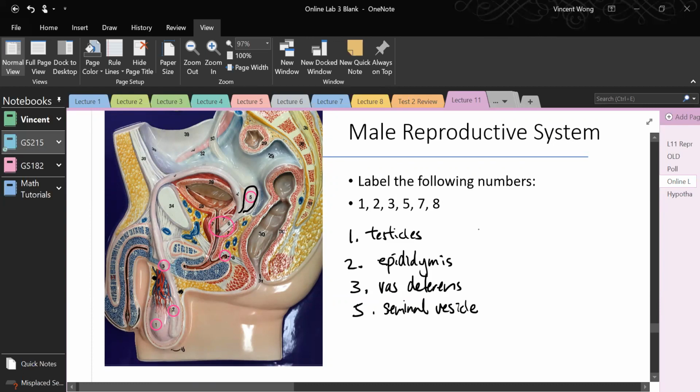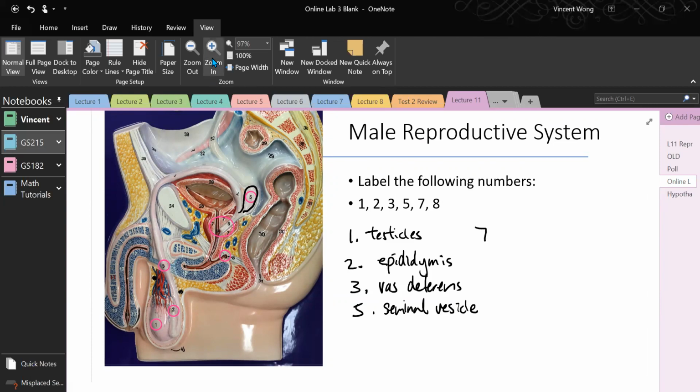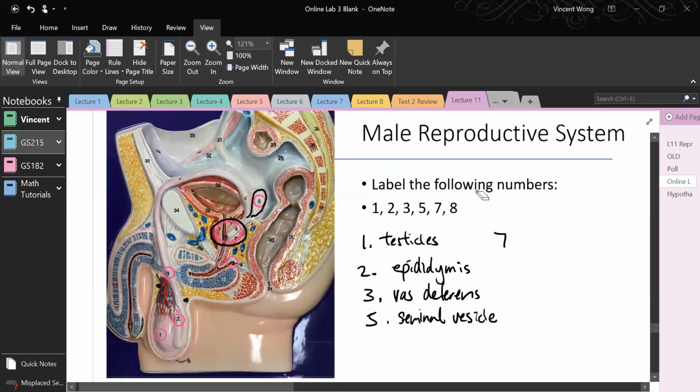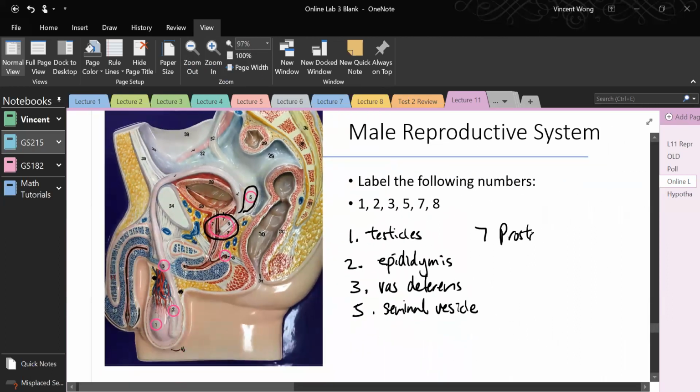Number seven is right here. This whole thing, that's the prostate gland. And finally, there is the bulbourethral gland.